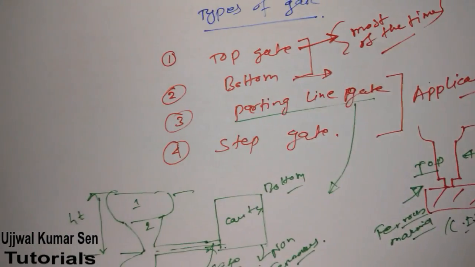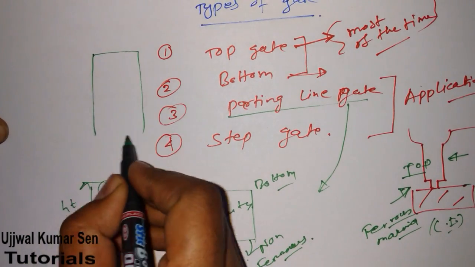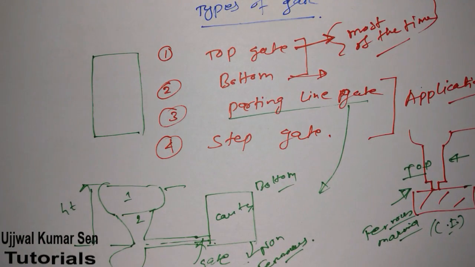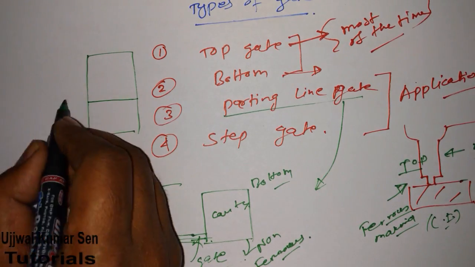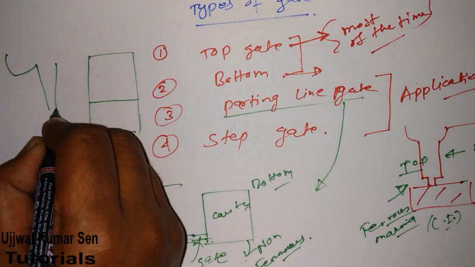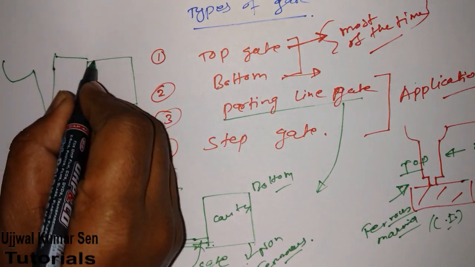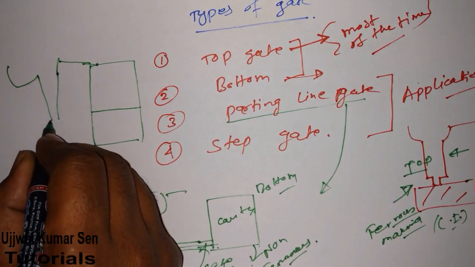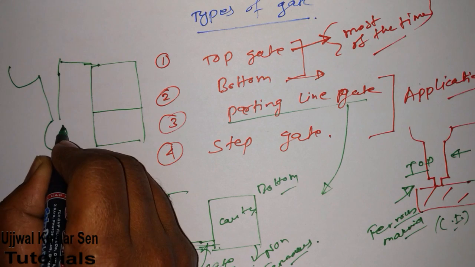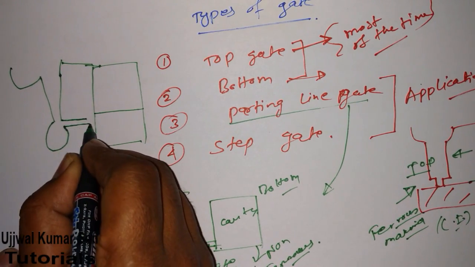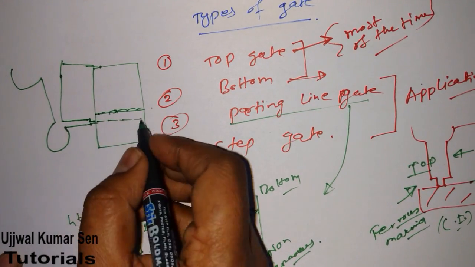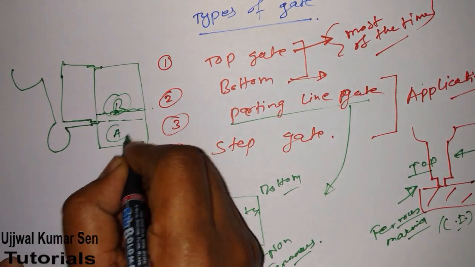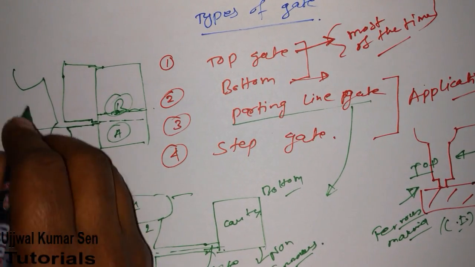What is it? Let me share with you. Suppose that this is a cavity, right? So in this cavity, what exactly are we doing? We are parting it. Suppose this is A, this is B, and here this is a height.